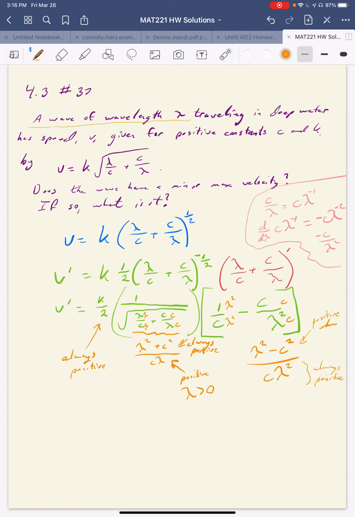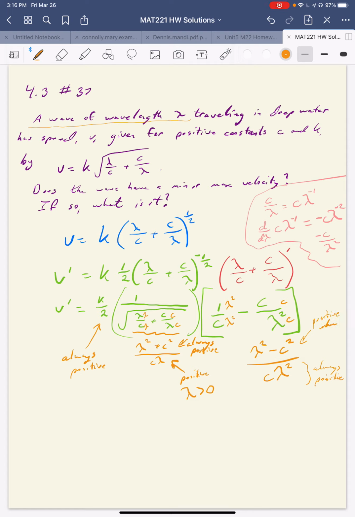If this term becomes 0, the whole derivative becomes 0, and so now we've found our critical point. So I say therefore, we have a critical point at lambda equals c.